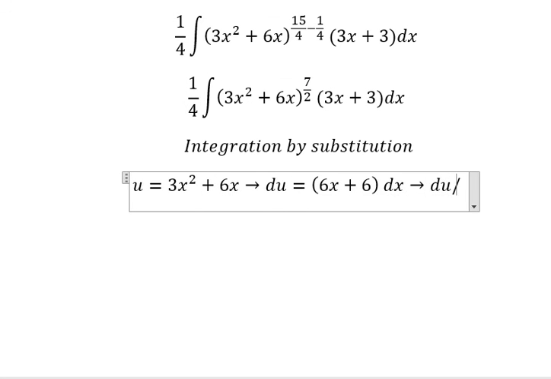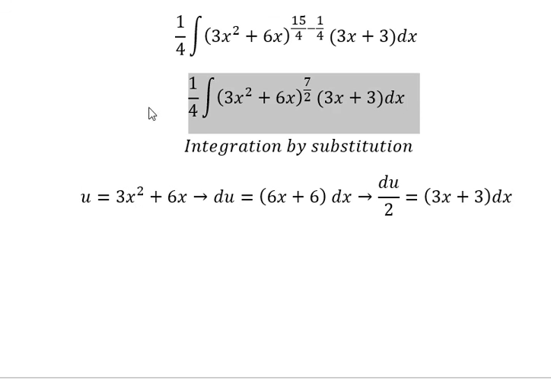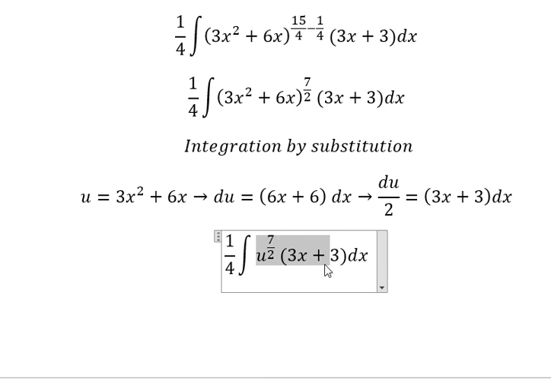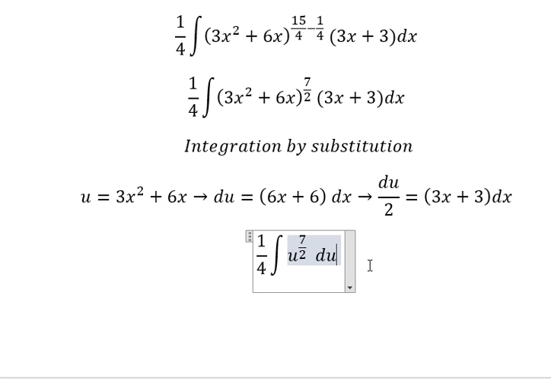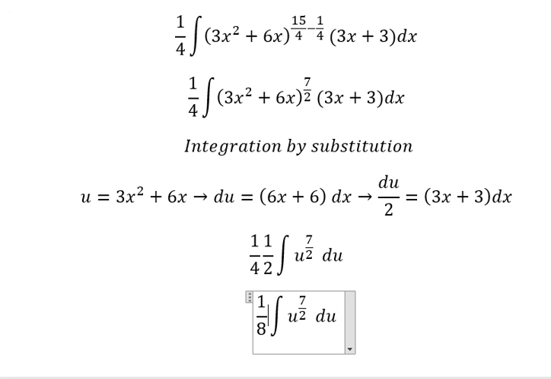So we divide both sides by number 2. So this one we change by u. This one we change by the u over number 2. So number 4 and number 2 we have 1/8.